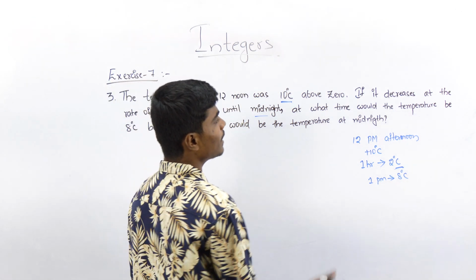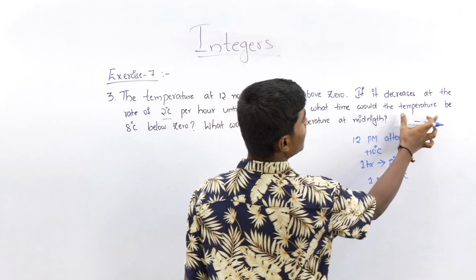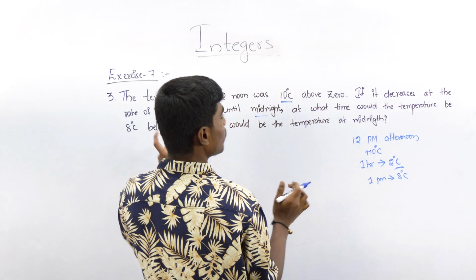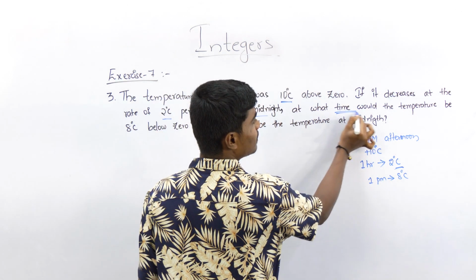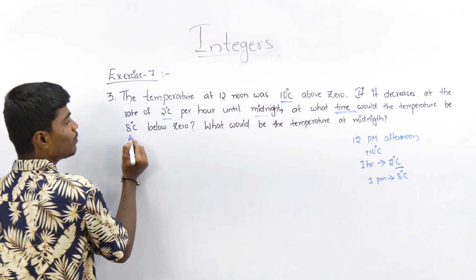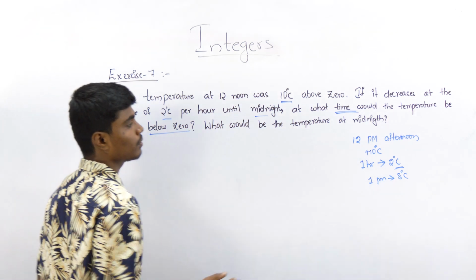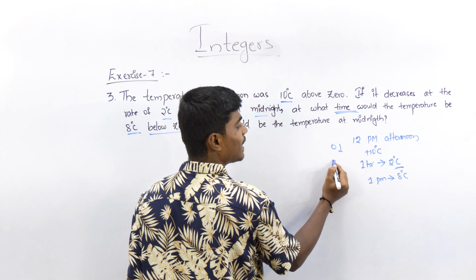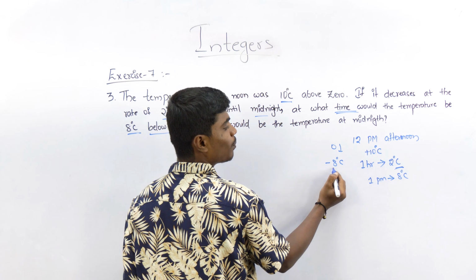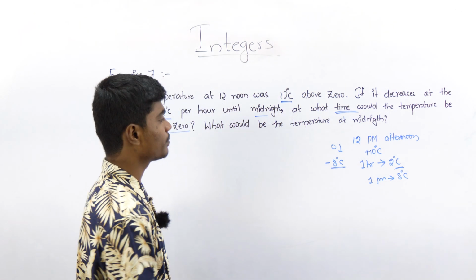So for every 1 hour, it is decreasing by 2. Now he is asking the time at which the temperature would be 8 degrees below 0. Below 0, 8 degrees Celsius means it is negative, minus 8 degrees Celsius.